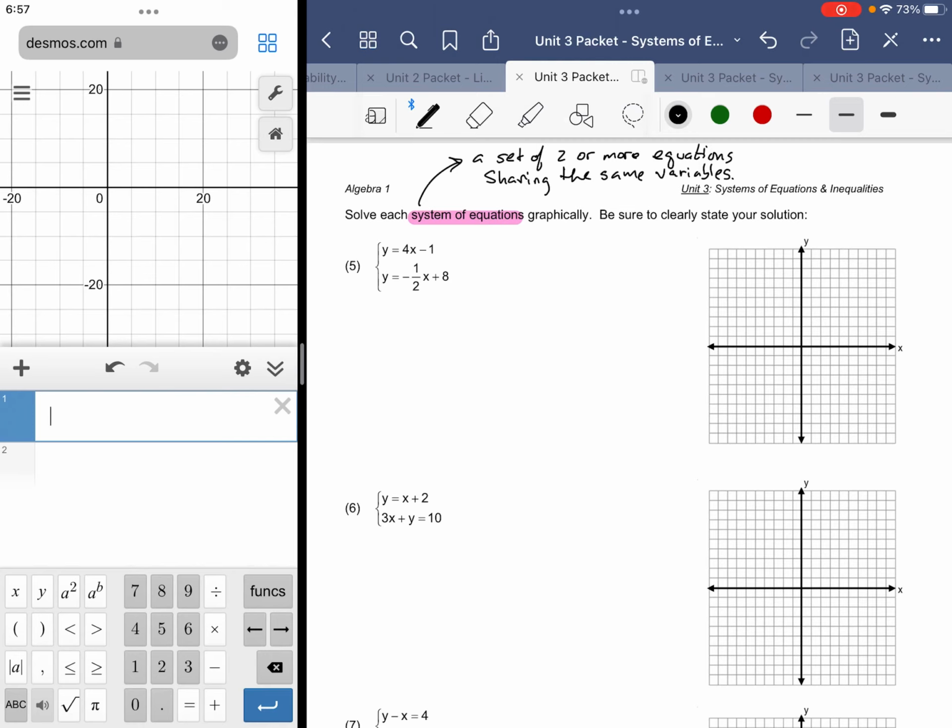All right. The graphical solution of a system of equations is really just asking for the intersection.